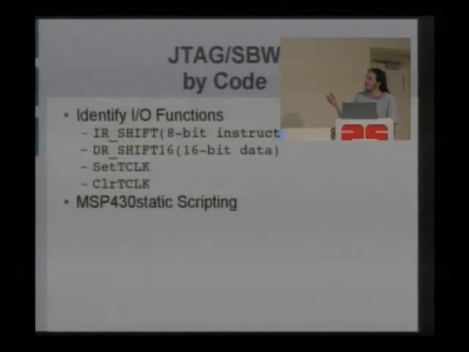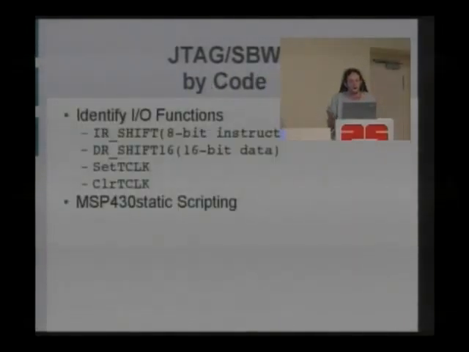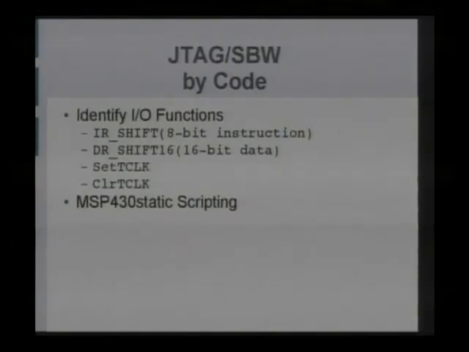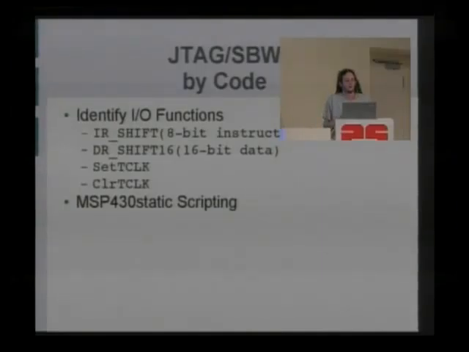What would also help would be able to identify this within the code. So instead of looking at the line-level recordings and writing tools to identify them and such, you could identify the JTAG I/O functions which are within the TI implementation of this. So there's instruction shift, data shift, set TCLK and clear it, and that sort of stuff. There aren't many functions that act as the primitives for this sort of stuff.